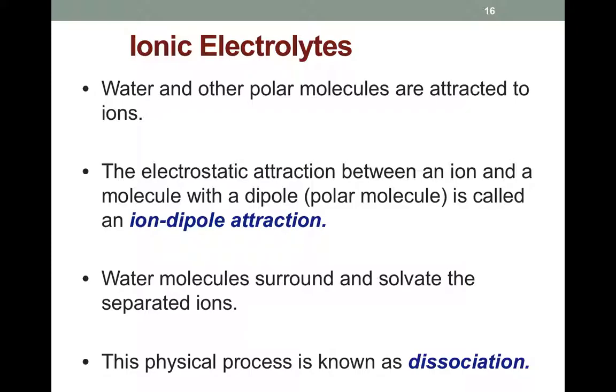And so the negative ions would be attracted to the hydrogen area of the molecule, and the cations would be attracted to the negative or oxygen end of the molecule. Water molecules then surround, and what we call solvate, the separated ions. And this process is known as dissociation.